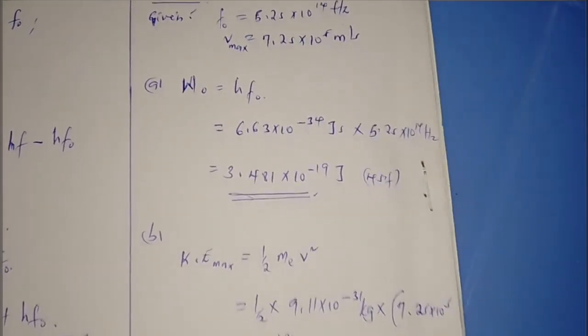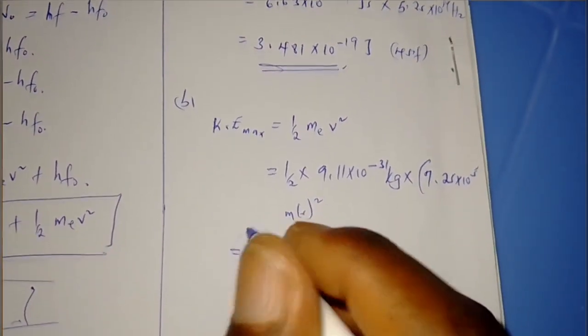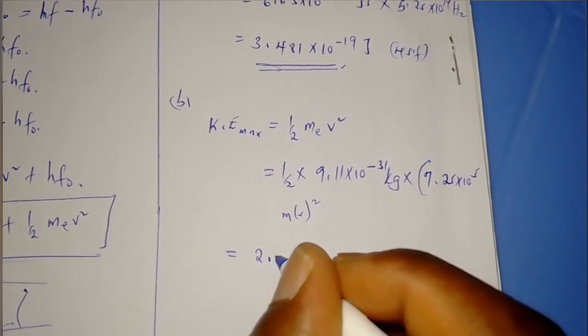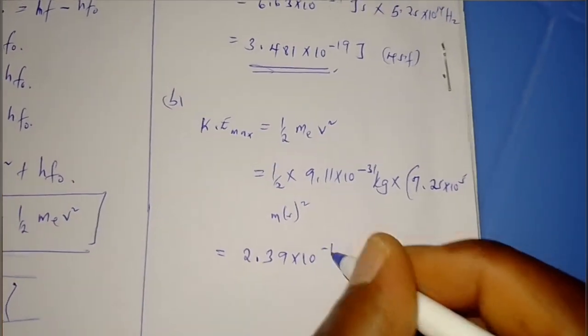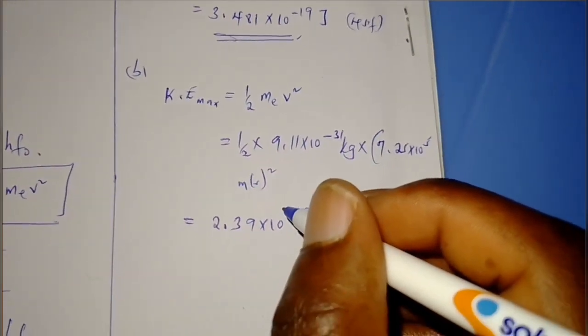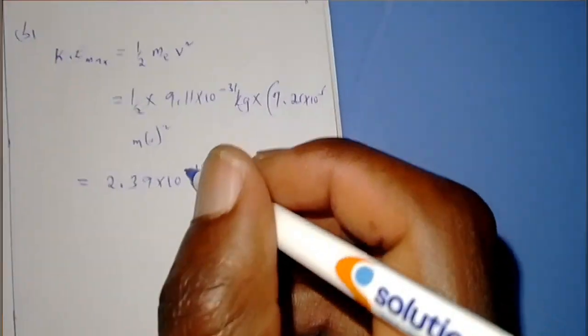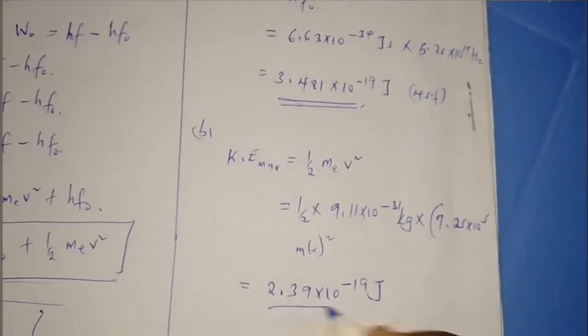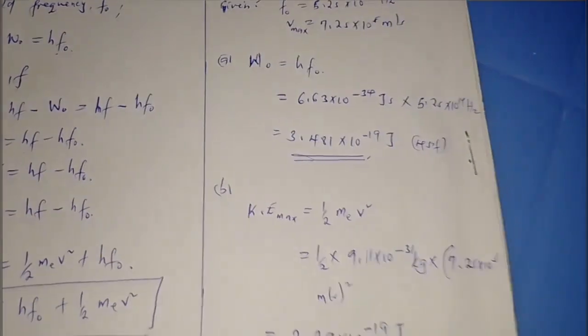And now we have our answer as 2.39 times 10 raised power negative 19 joules. Hope you understand. So this is the maximum kinetic energy, and this is the work function.